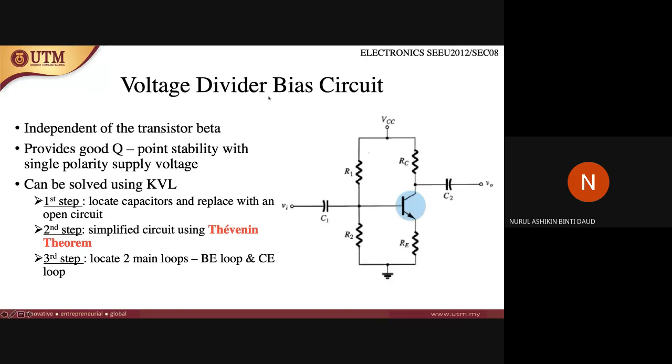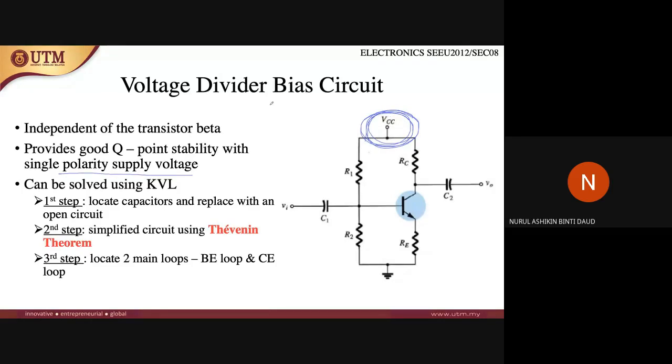This circuit is independent of the transistor beta, and it provides good Q point stability with a single polarity supply voltage. What does single polarity supply voltage mean? You can see here, this is VCC, the supply voltage. So we are using a single supply voltage.